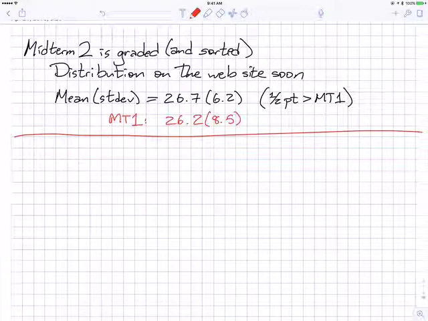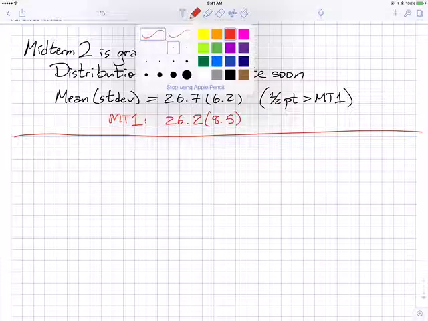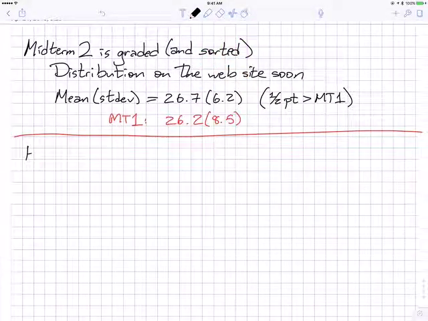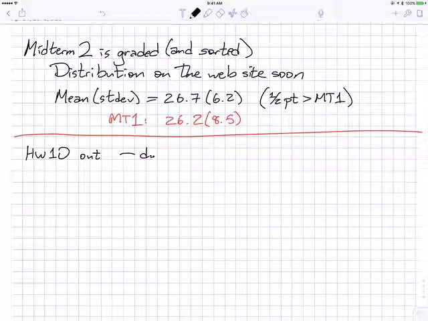The last homework, I don't know if I mentioned this last time, hopefully everybody's noticed. Homework 10 is out, it's due next Tuesday. This is going to be the last homework that we can promise to grade.